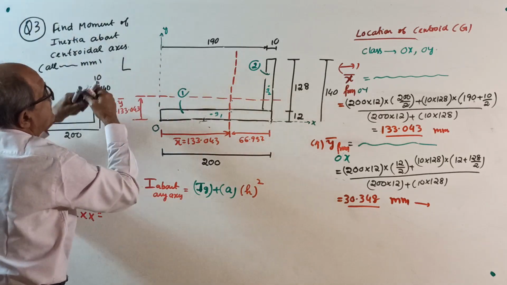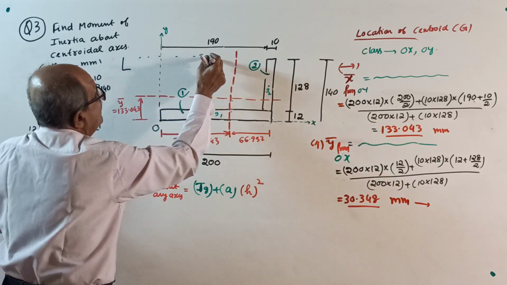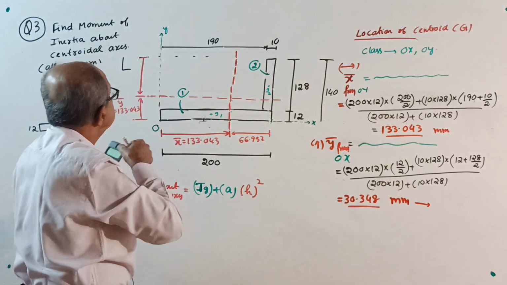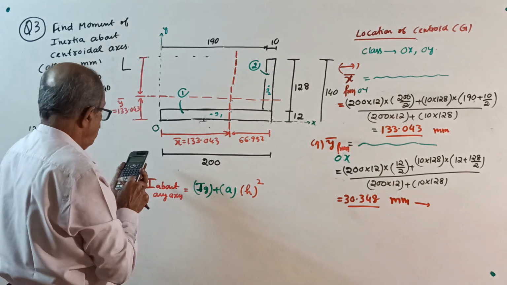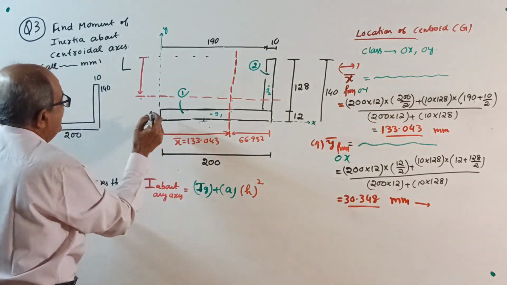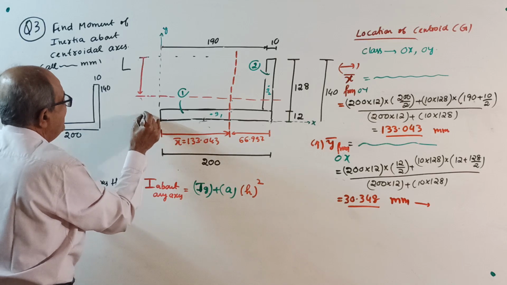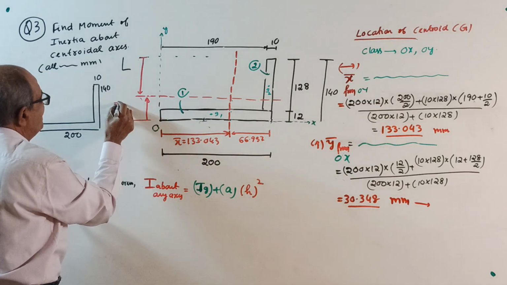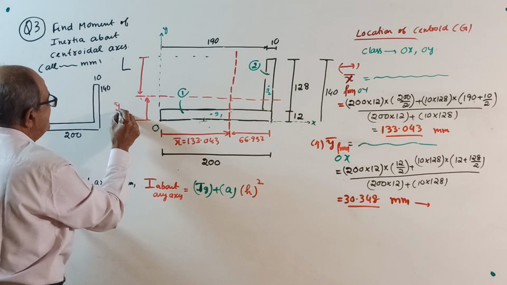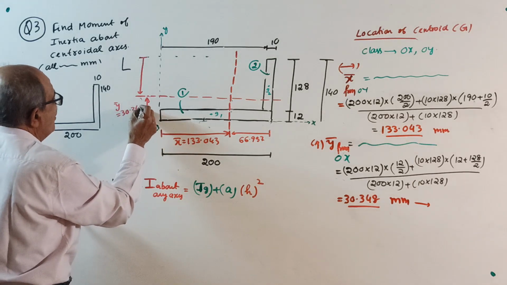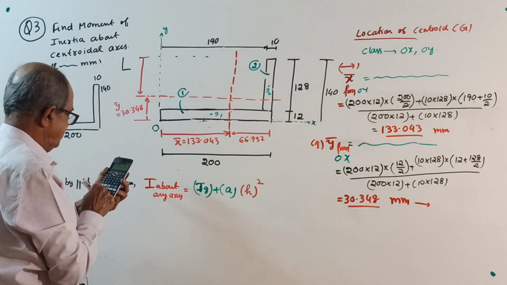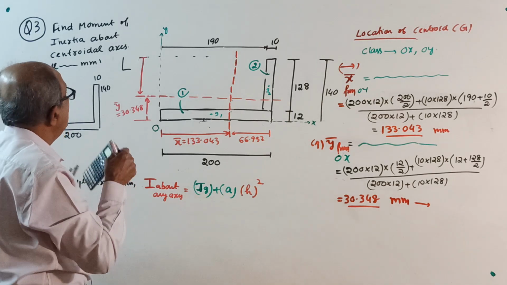Then from top extreme end, mark what is this distance. 140 minus 30.348, 109.652 from here.